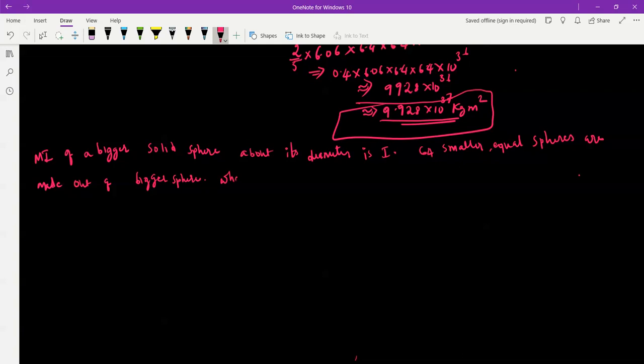What will be the moment of inertia of such smaller spheres about its diameter?